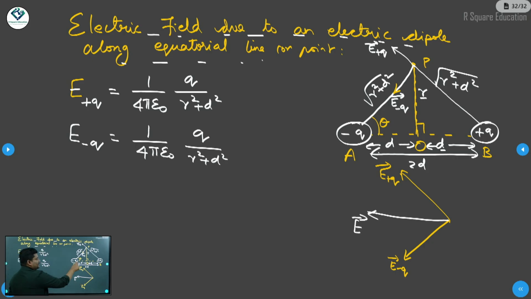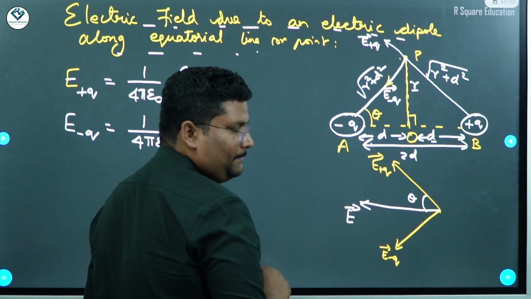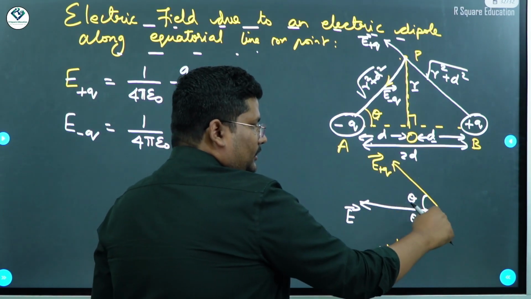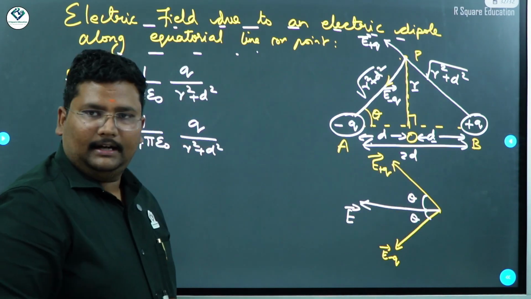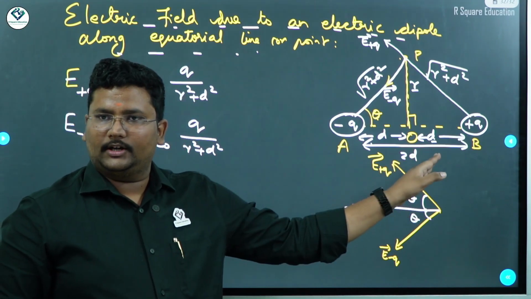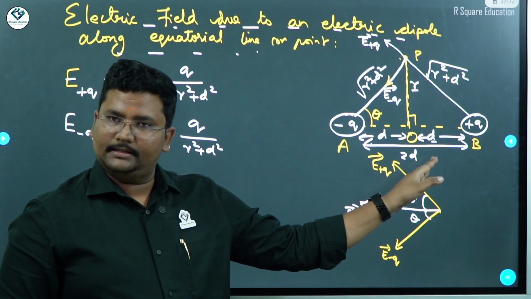If this is theta, this should also be theta. Why? Because the sum of interior and exterior angles are equal, correct? So this is also theta. Likewise, this is also theta. So if this is a vector and its resultant is like this, can I resolve that into two components, horizontal and vertical components, right?